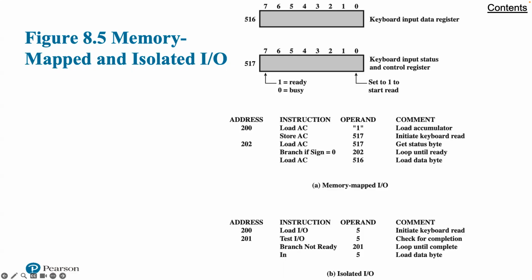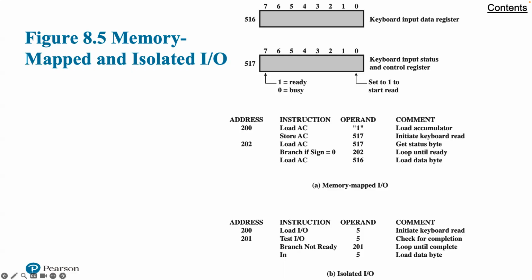Assume a 10-bit address with a 512-word memory, locations 0 to 511, and up to 512 I/O addresses, locations 512 to 1023. Two addresses are dedicated to keyboard input from a particular terminal.